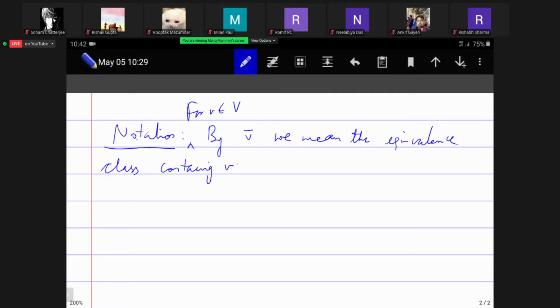So it's actually a set. It's a subset of capital V, but we are not concerned about individual elements in it. So we just think of it as one thing.